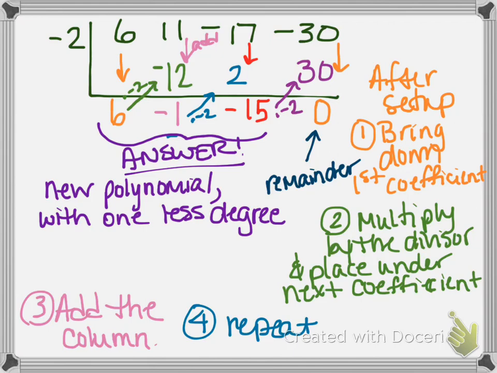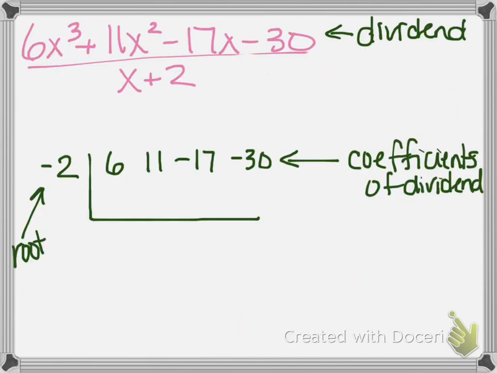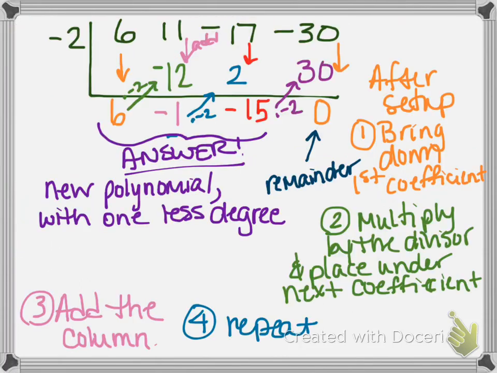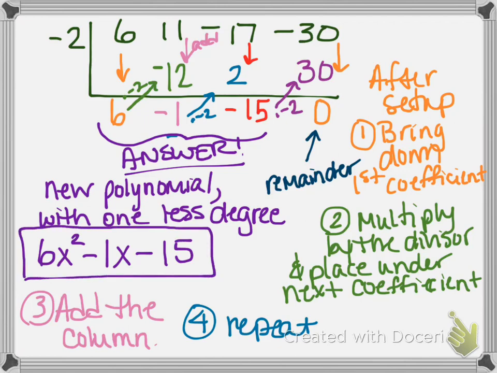Flipping back, this polynomial was a third-degree polynomial, because of the exponent 3. So this polynomial is going to be 1 less degree, so it's going to be second degree. The first term is going to have x to the second. The second term is going to have x to the first. And the third term has no x. And here is the answer using synthetic division.